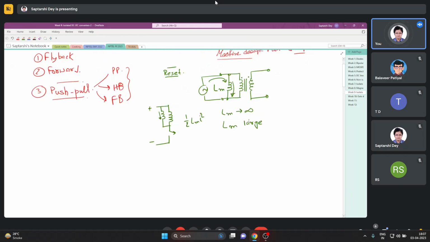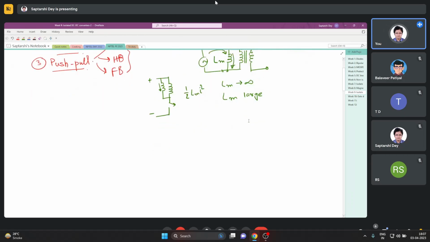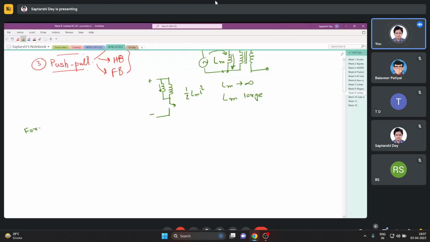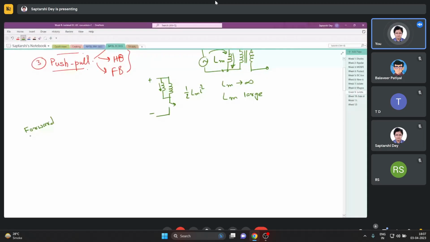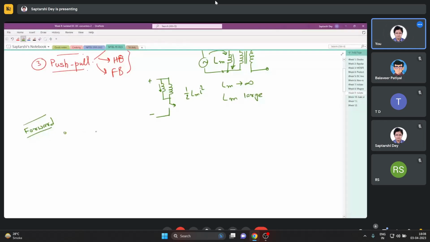Now, why I am saying all these things is that one kind of forward converter I wanted to discuss, only to give you the topology, does not require a reset circuitry. Okay, so forget the converter for now, I will draw the circuit.